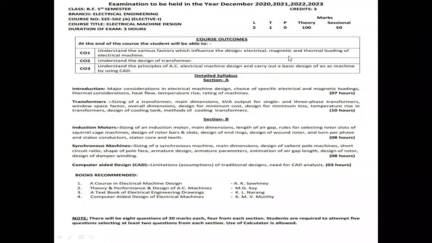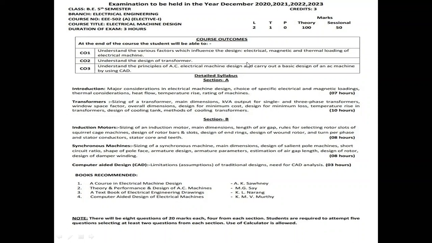In the introduction of the design, you discuss the major considerations in electrical machine design: choice of specific magnetic loading, choice of specific electrical loading, and heat flow, thermal considerations, and so on.